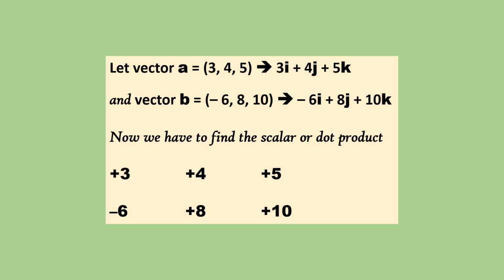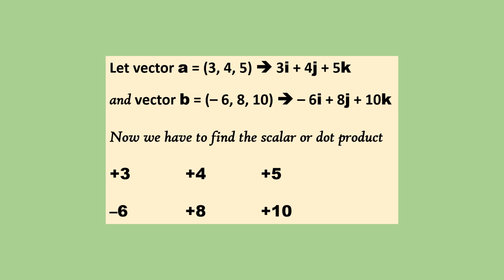Now we have to find the scalar or dot product. So write down the way in which I have shown 3, 4, 5. That is, I put the sign so as not to get confused. Plus 3, plus 4, plus 5, and bottom minus 6, plus 8, plus 10. So arrange the numbers in this way, and then we will multiply.